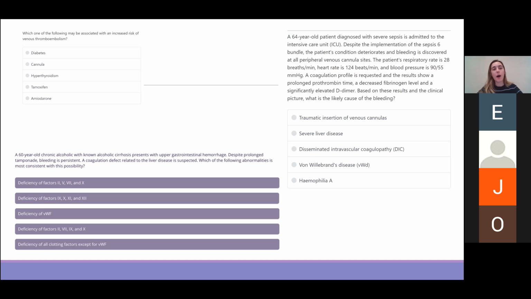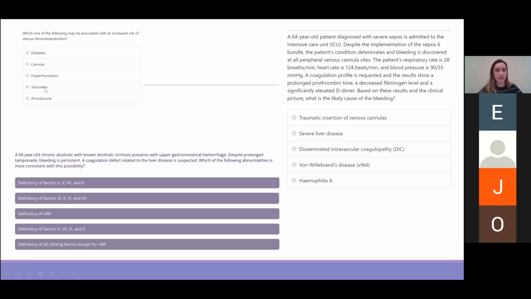The key here is to recognize that tamoxifen, it's kind of hard if you don't know what it is, but it's a selective estrogen receptor modulator. Basically, it is an estrogen medication, and estrogen, like if it was in the oral contraceptive pill or HRT, hormonal replacement therapy, is actually pro-thrombotic.